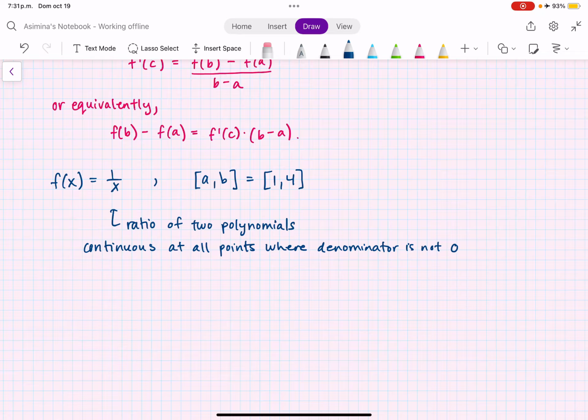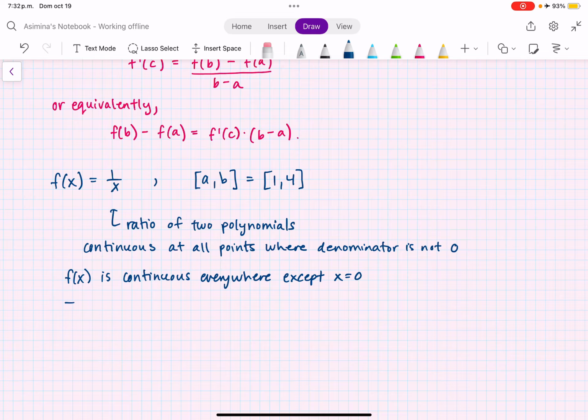Well, the denominator is only 0 when x equals 0. So this function f of x is continuous everywhere except x equals 0. Now, is x equals 0 in the interval 1, 4? No, it is not.